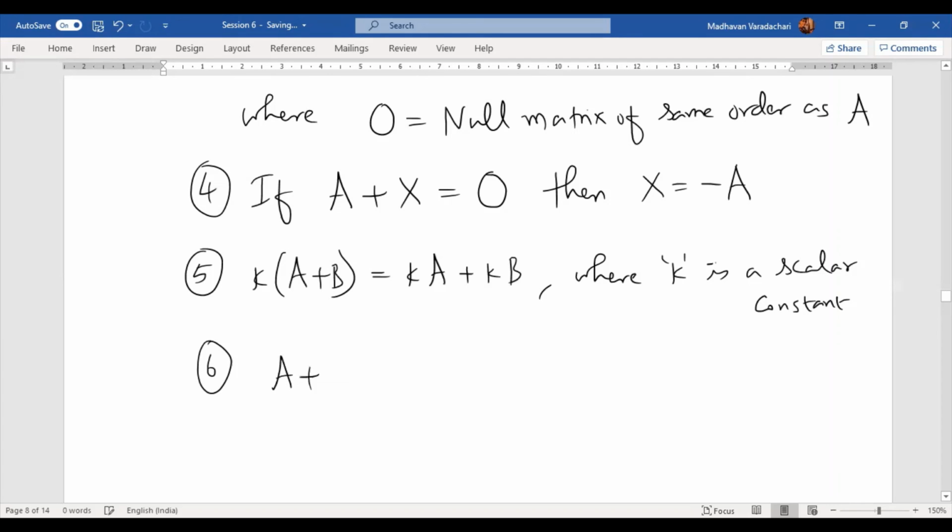Then the sixth one: A plus B is equal to A plus C if and only if B equals C. This expression is possible only if B and C are equal.